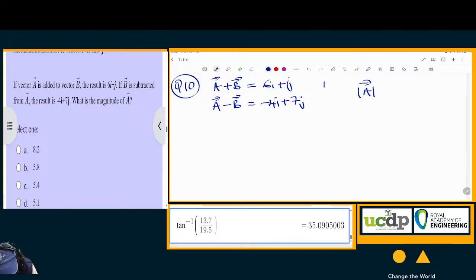So you've got two equations, equation 1 and equation 2. You have to treat these two as simultaneous equations.